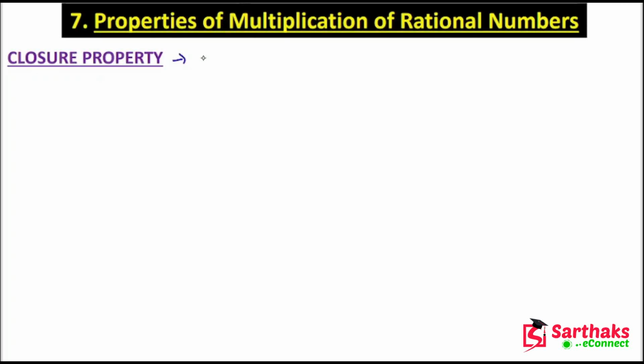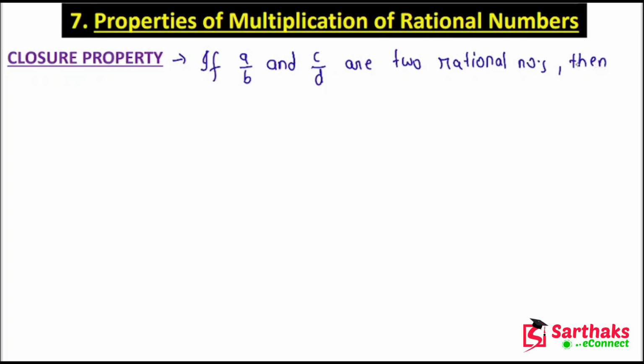This closure property of multiplication of rational numbers simply states that if A upon B and C upon D are two rational numbers, then A upon B cross C upon D will also be a rational number.